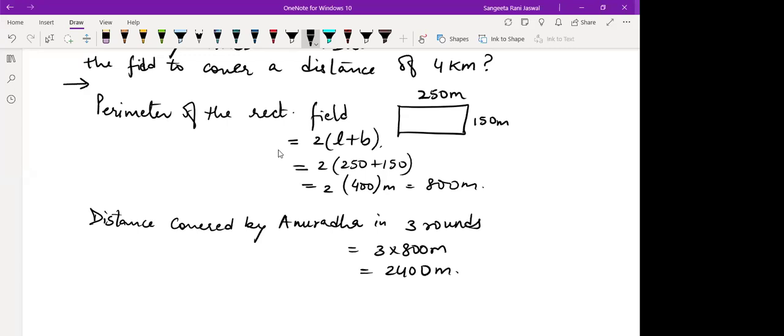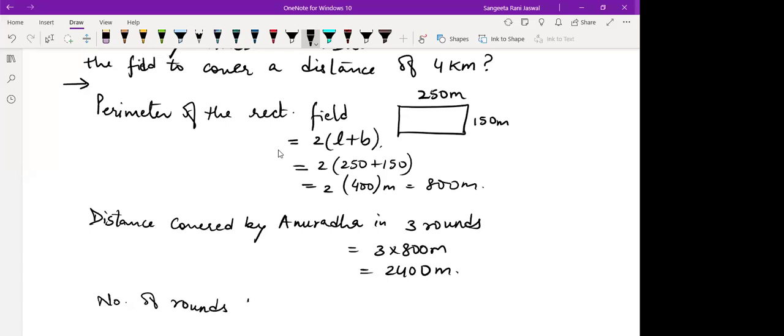Okay, now Neha, you will tell me how many rounds will she take if she has to cover 4 kilometers distance? Ma'am, for this, we need to multiply the perimeter by 5, which is 800 multiplied by 5. No, it's asking how many rounds she has to take. Oh, number of rounds.